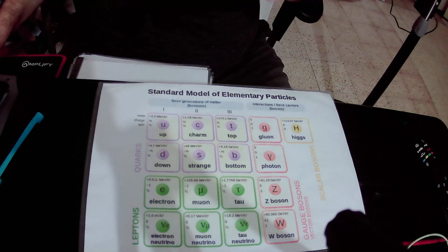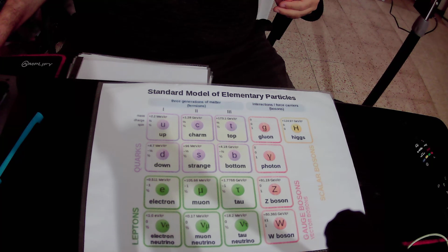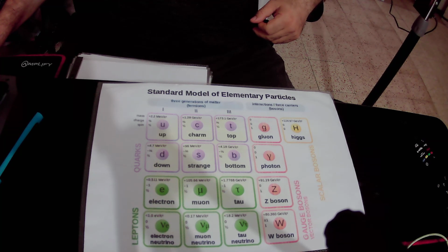Hello, in this short lecture I will talk about the most fundamental structure of matter. Actually, matter consists of 17 elementary particles, and each of the elementary particles has an antiparticle.